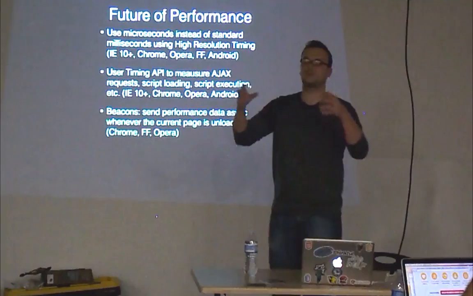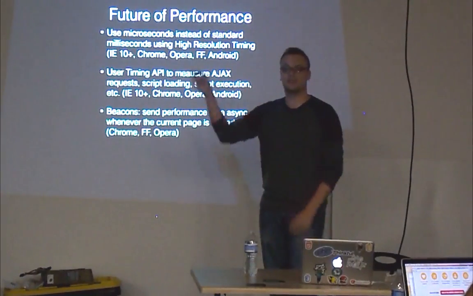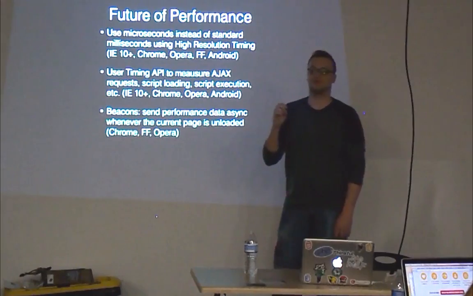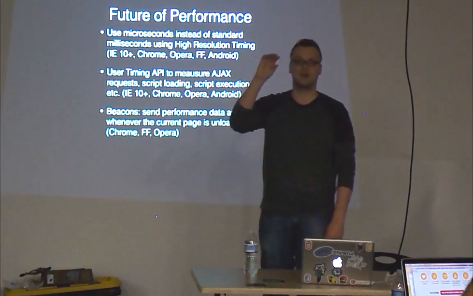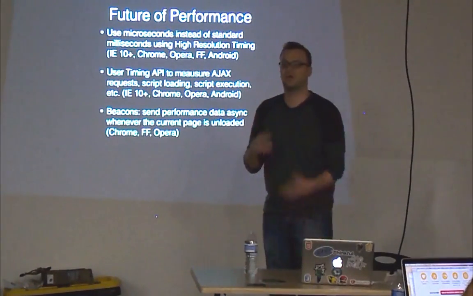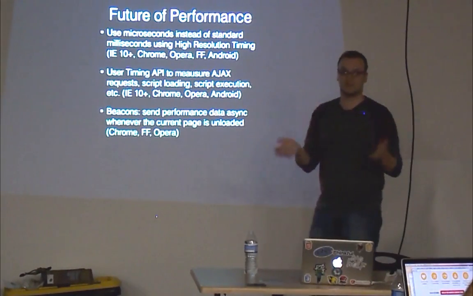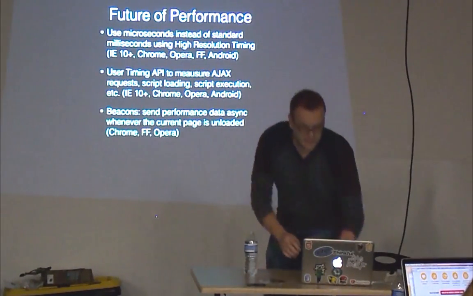Because usually what we have to do is load that script. So everything now, Google Analytics and everything else requires you to load that script in the head or load it at the end of the body. Well, that takes time. So using the beacon, we can not take any of the user's time and send it asynchronously.